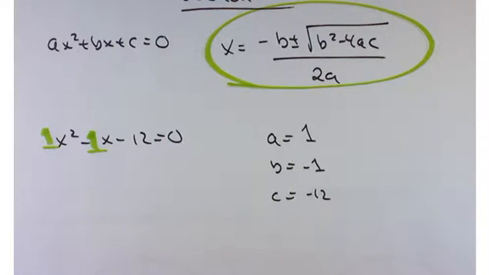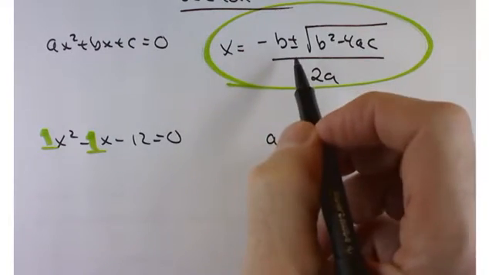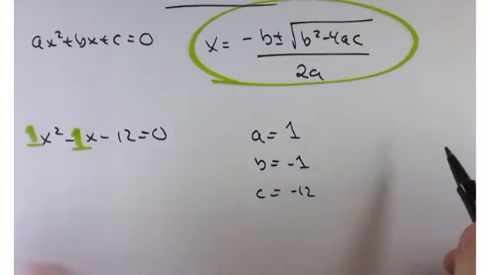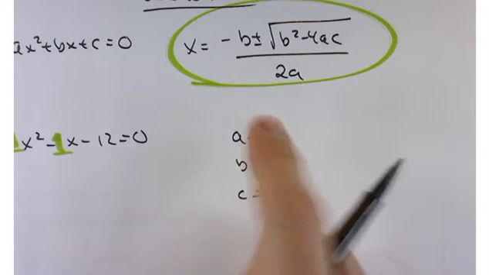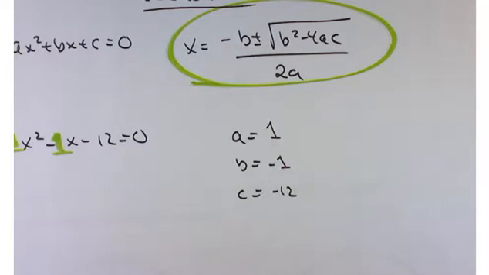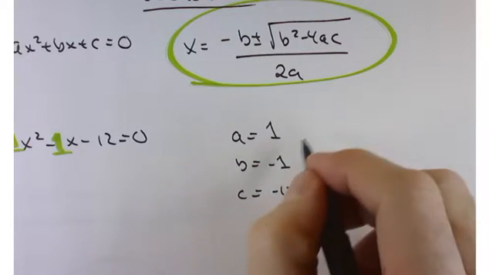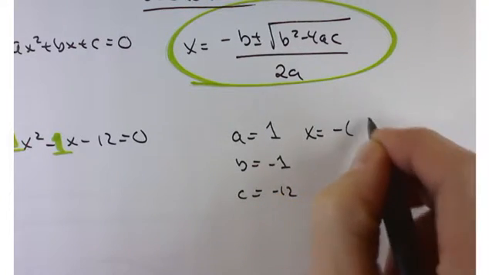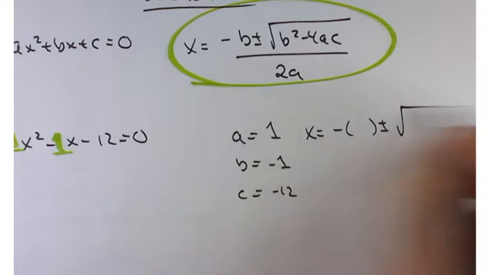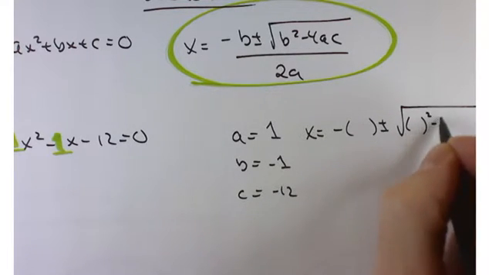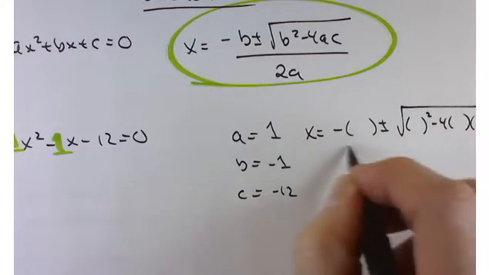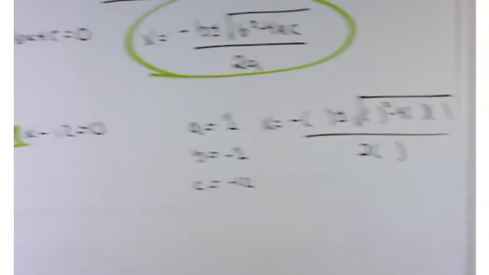This is a good one to kind of start out with because the numbers will eventually work out pretty nice, but it's also a good warning. You have to be careful when you plug this stuff in. What I suggest, and what I often do, is write the quadratic formula with parentheses where the a, b, and c go. So that is x is negative of something plus or minus something squared minus 4 times something over 2 times something.